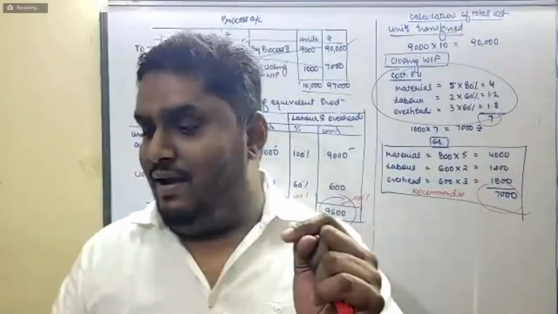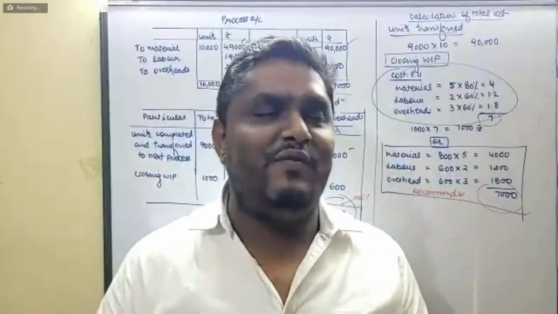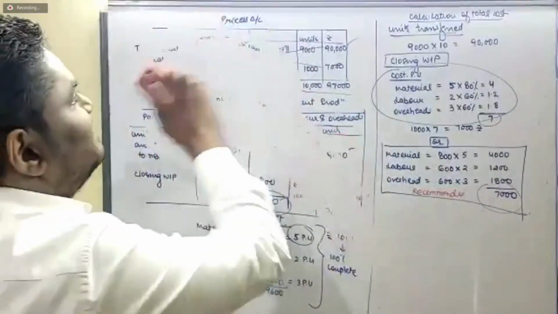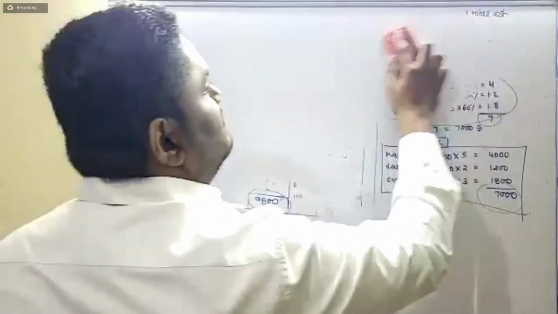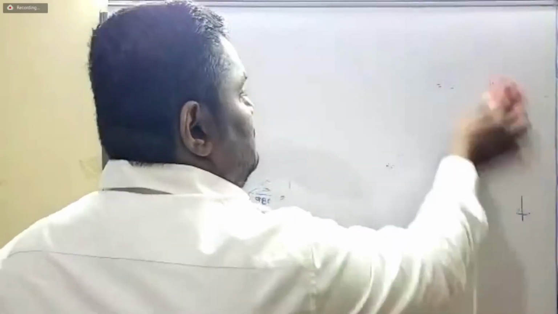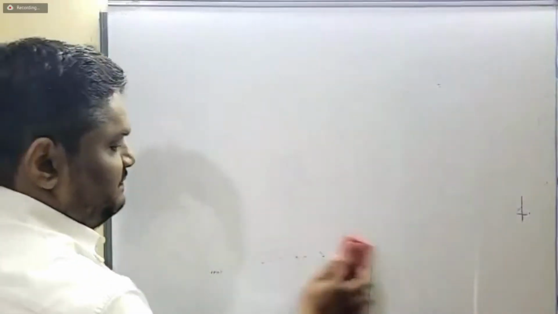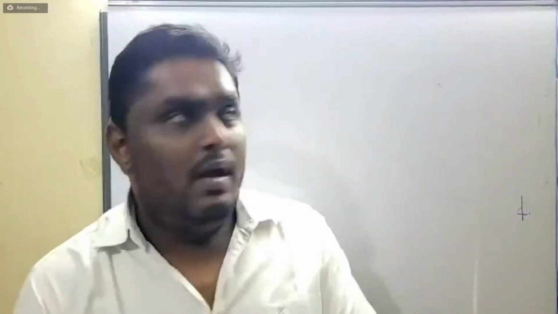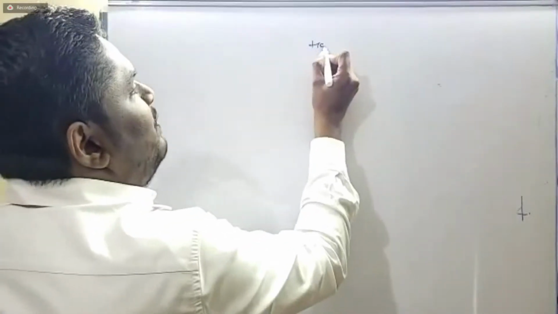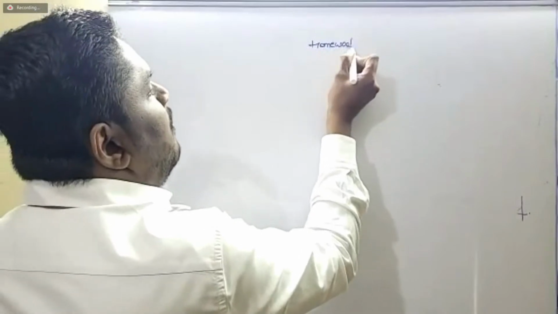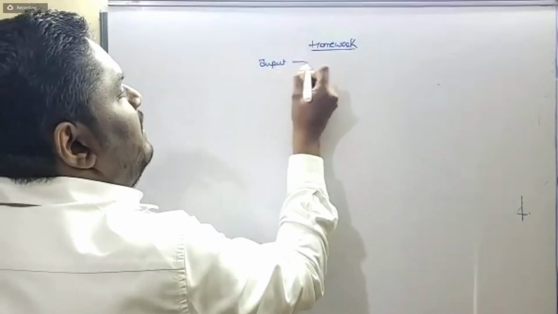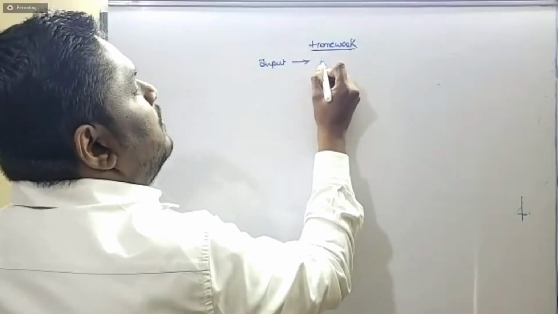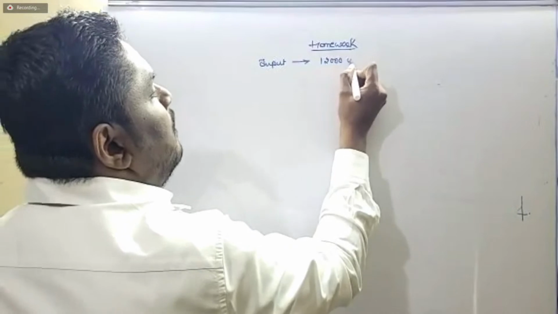Okay, I'll take the last 2 minutes of yours. A homework question for you. Let's say my inputs are 12,000 units.